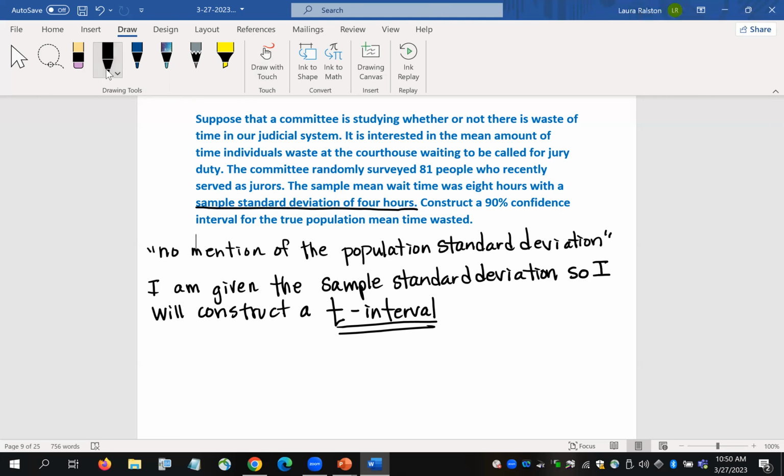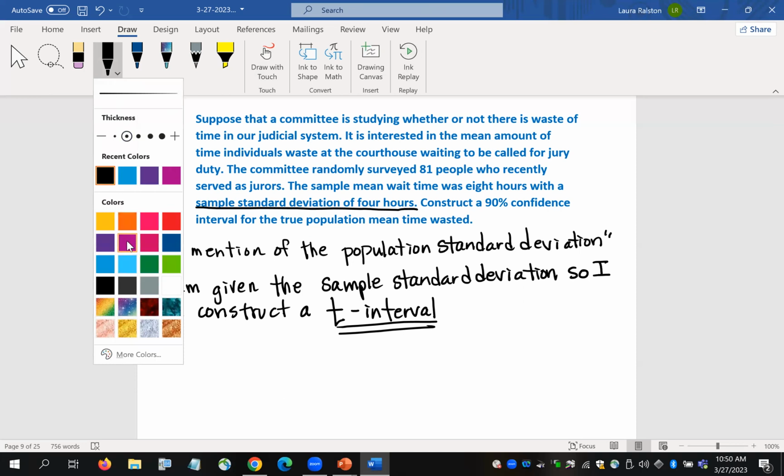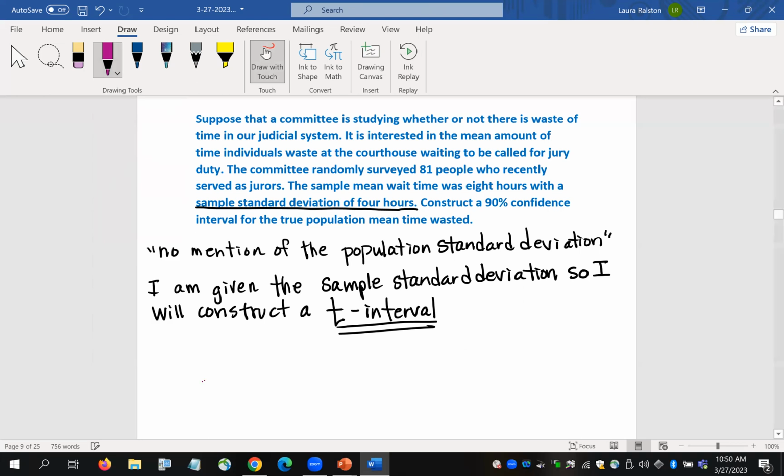For the T interval, I need pretty much the same information that I needed before.